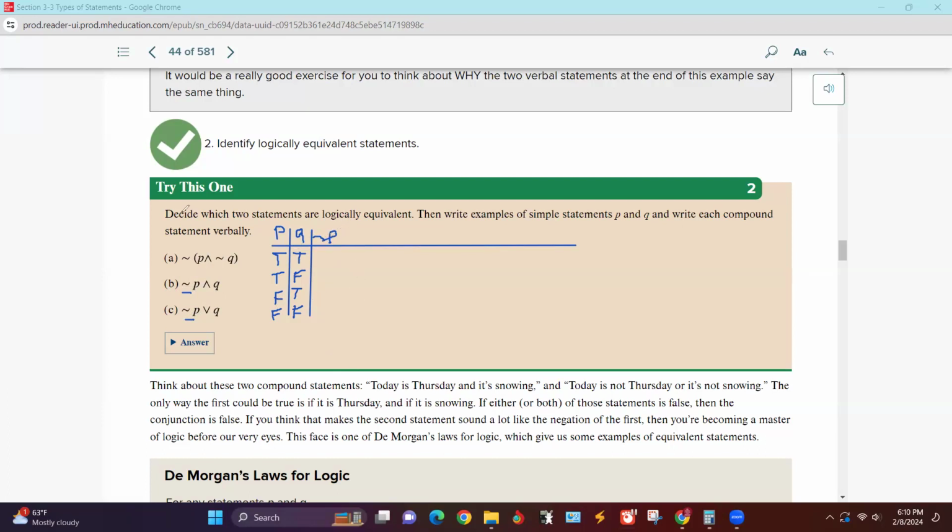And how do we find out what the negation of P is? Let me write it a little bit better. How can we find out what the negation of P is? We go to P. True, true, false, false. Well, the negation of it is just the opposite.